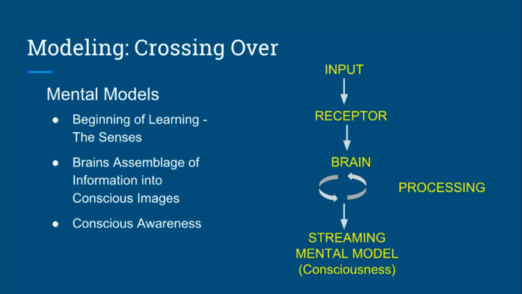And when they get to your brain, then you start assembling all of that information, and you start processing it, and you develop what they refer to as a streaming mental model. And you start developing these conscious images. You haven't even organized what that information looks like, or what that concept is. You just know you're getting all of this information, and it's going round and round and round in your brain.